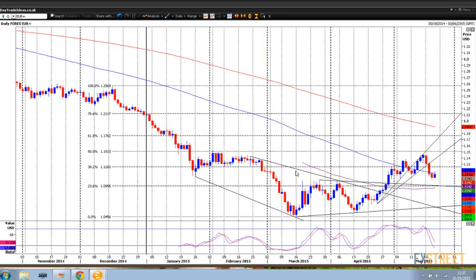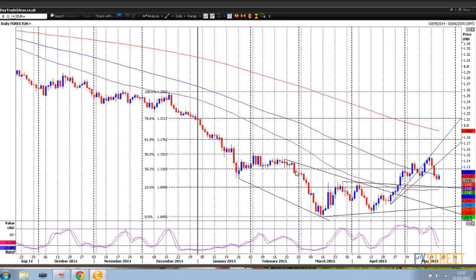Okay, euro certainly not as strong as cable. It's caught somewhere in between the Aussie dollar and cable in the strength table. Okay, so we've got a real problem here with the 100-day moving average. We can't seem to get back above there. We'll need a weekly close tomorrow night above there at least.